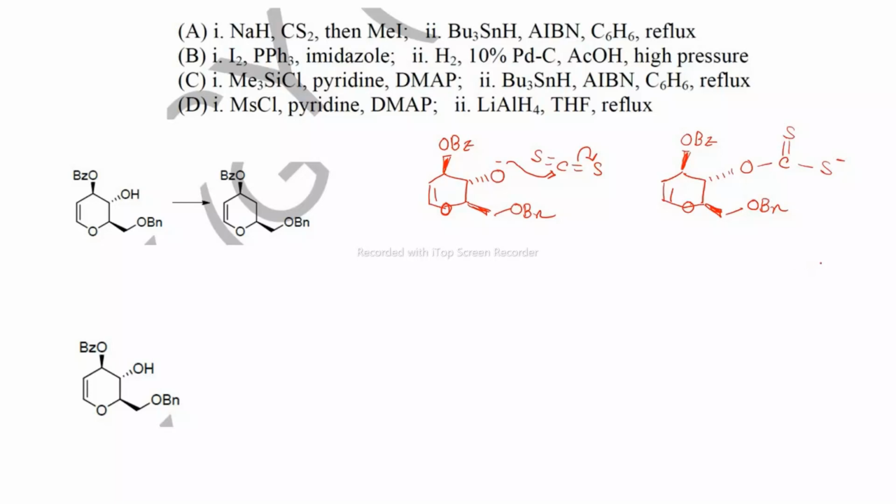After that, they are adding the methyl iodide. So this S minus will attack here, one SN2 reaction will happen, and we'll get the corresponding xanthate.